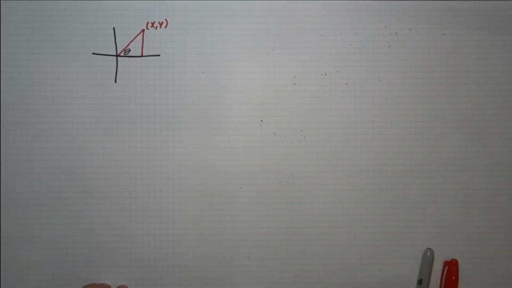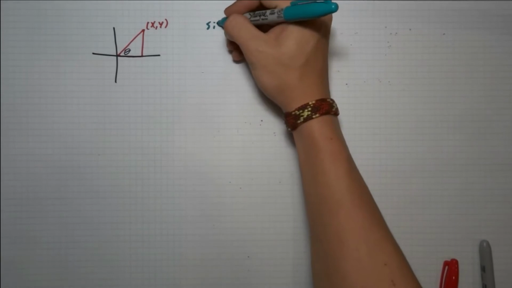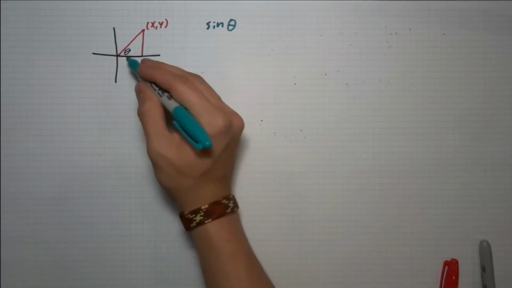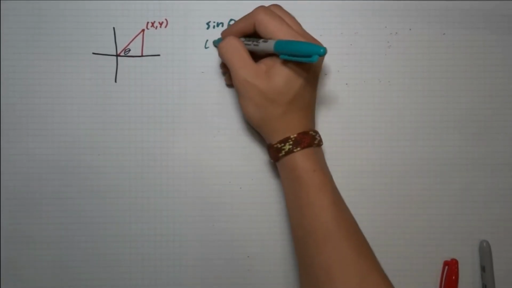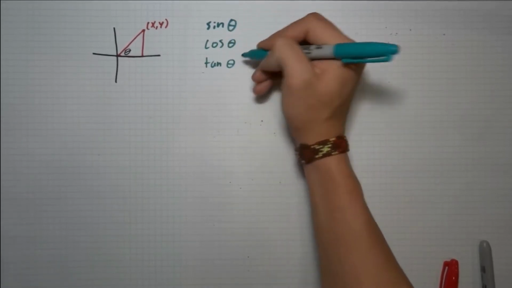So when we're finding trig ratios, let's start by identifying what our trig ratios are. First we have sine of theta, and our theta is our angle to be generic, cosine of theta, and tangent of theta.